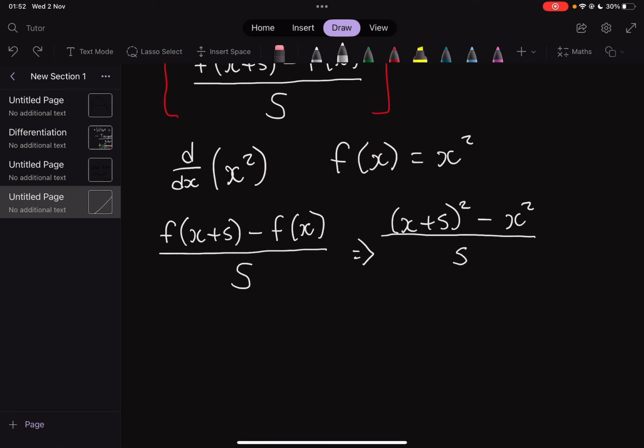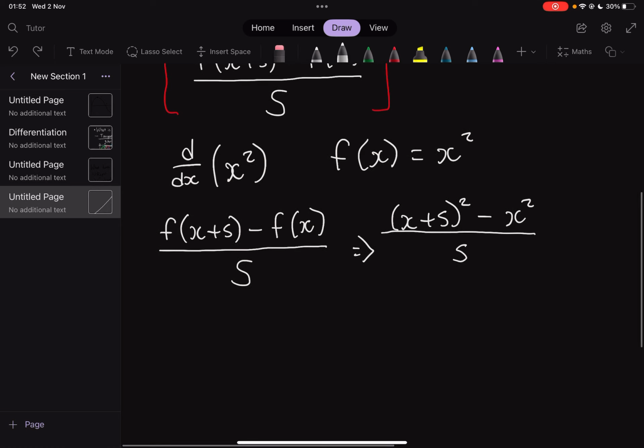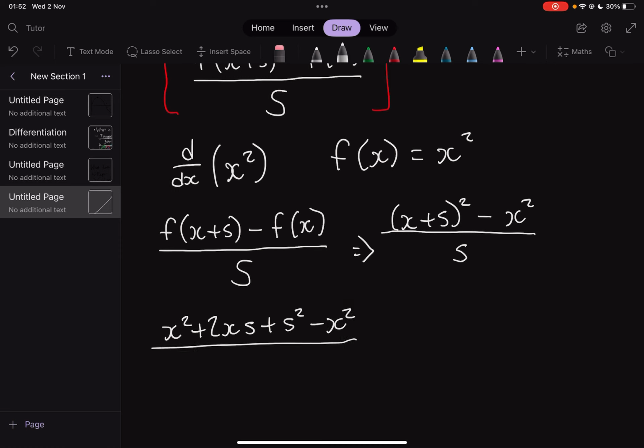So working with this, if we expand the bracket, this becomes x squared plus 2xs plus s squared minus x squared over s. Now we have an x squared and an x squared, so these can cancel out, leaving us with 2xs plus s squared over s.